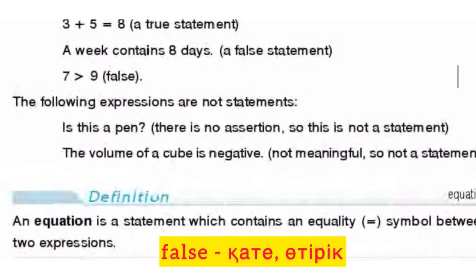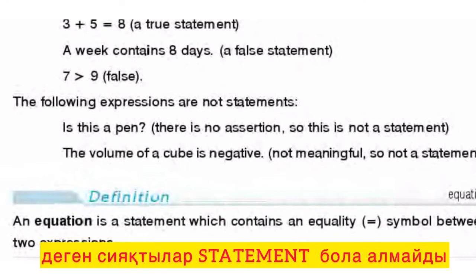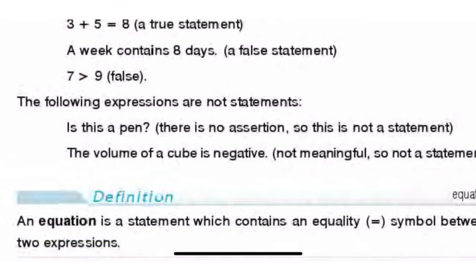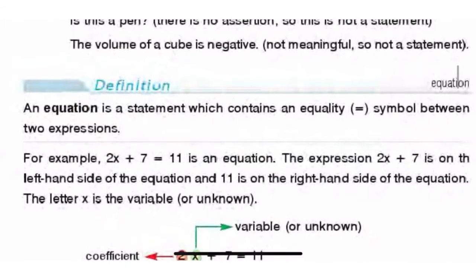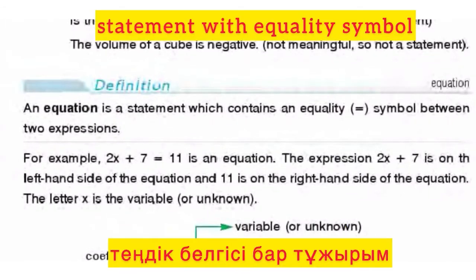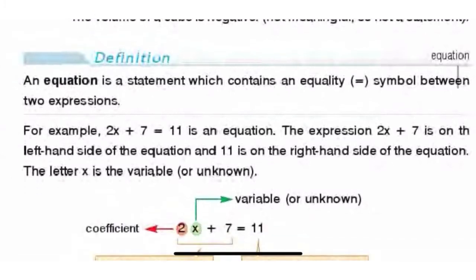Sentences like, is this a pen? The volume of a cube is negative. These are not statements. There is no assertion and they are not meaningful. Now, what about equation? An equation is a statement which contains an equality symbol between two expressions. The equality symbol is two horizontal straight lines.